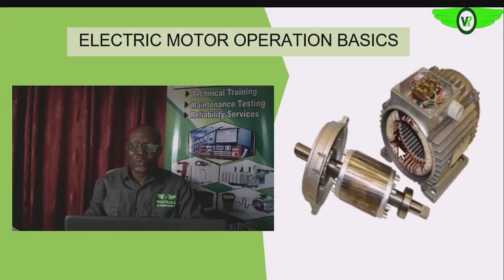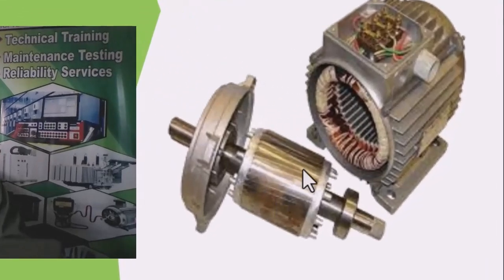Then the rotor, as you can see, we have windings in it too. These are conducting bars, aluminum bars. We have several of them, and these bars are shorted by this end ring. Are we getting it? It's shorted by this end ring.